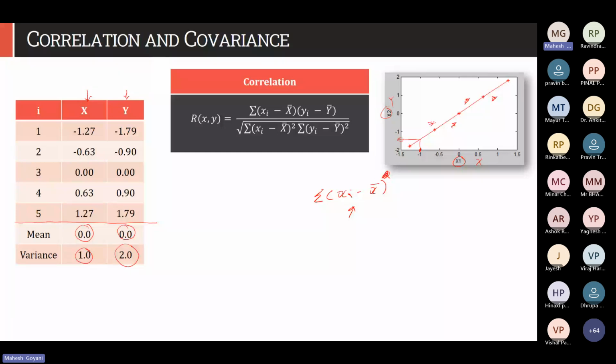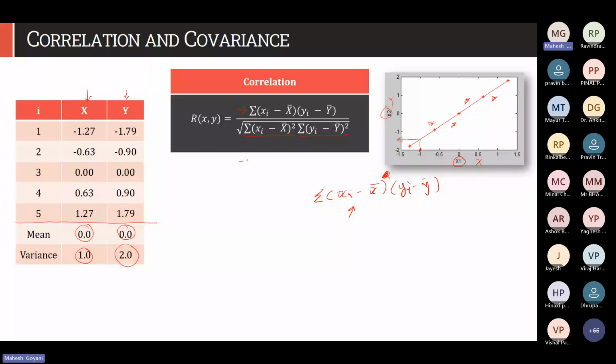So if I do yi minus y bar, then I'm computing the covariance between x and y. It says how x and y change together. That is covariance. And here I'm simply computing the variance in x and the variance in y, multiplying them, and then taking the square root. This is how we can compute the correlation.